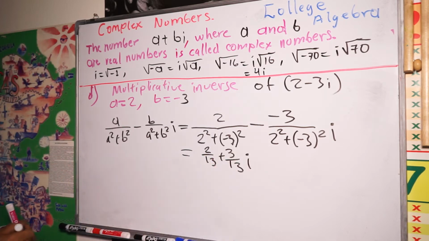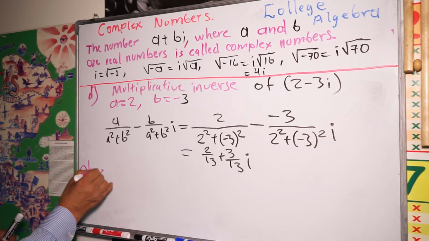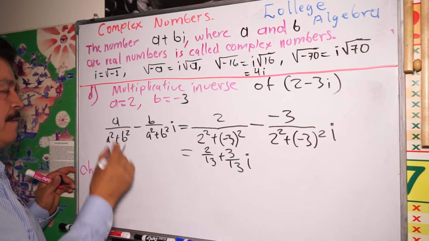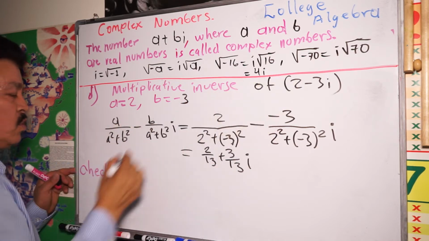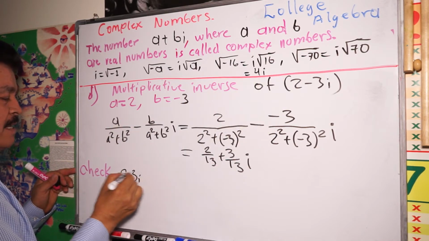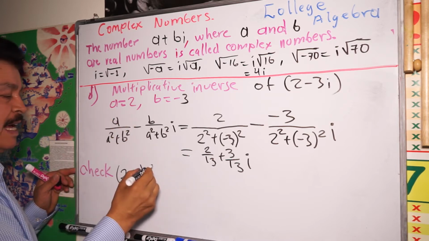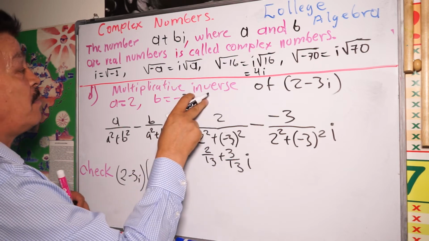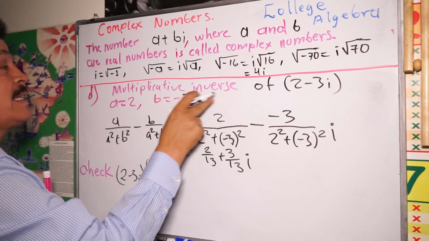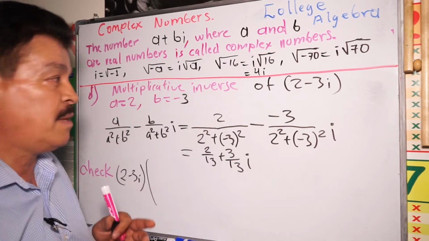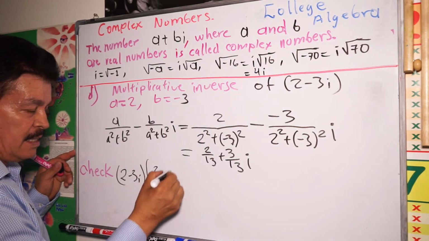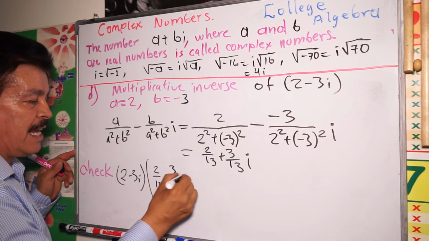If you want to prove this, just check. Very simple. Write the problem here, 2 minus 3i, times what? We are talking about the multiplicative inverse. Then write here 2/13 plus 3/13 i.